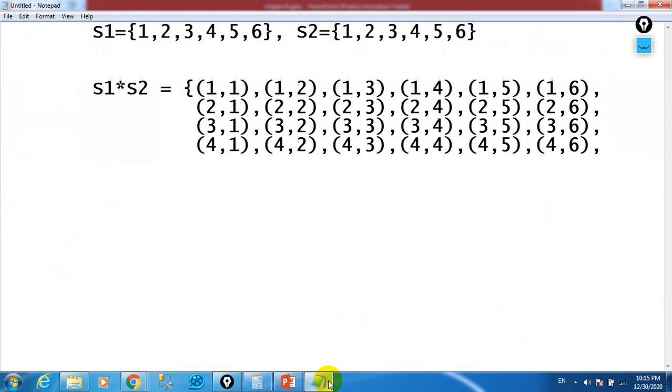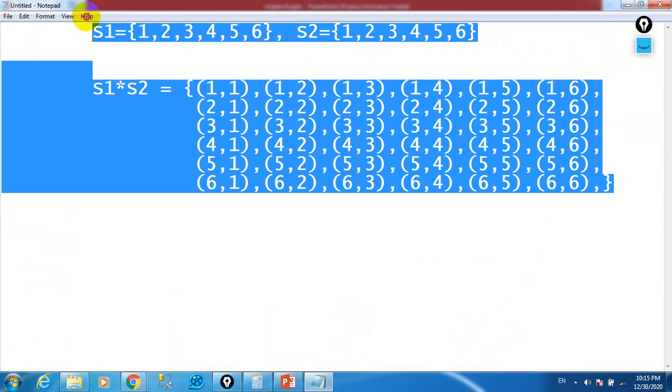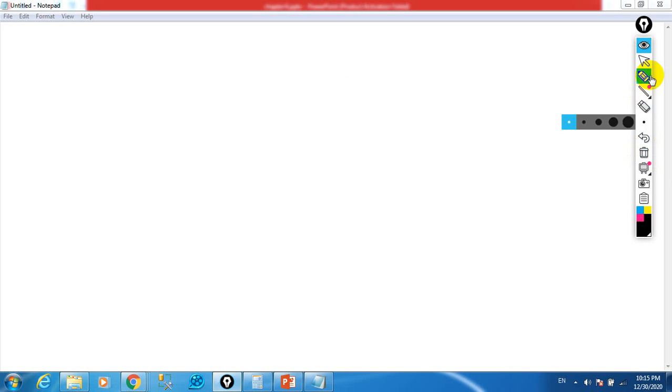For example, we have advertisement and we have sales. We have advertisement and sales: this is variable x and this is variable y.